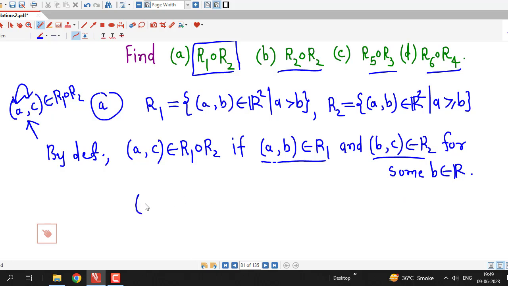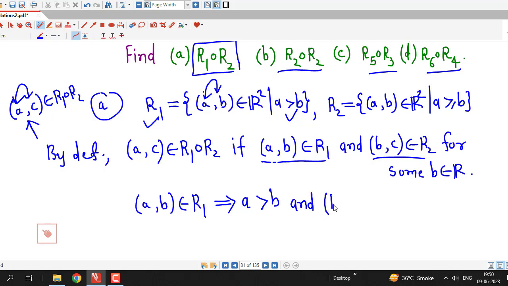Now (A, B) belongs to R1 if this ordered pair (A, B) satisfies the condition of the relation R1. Here the condition is that the first component must be strictly greater than the second component. So (A, B) belongs to R1 implies A greater than B, and (B, C) is in R2.